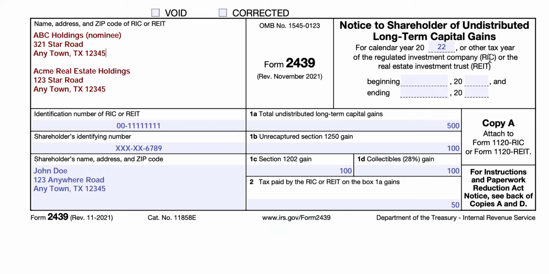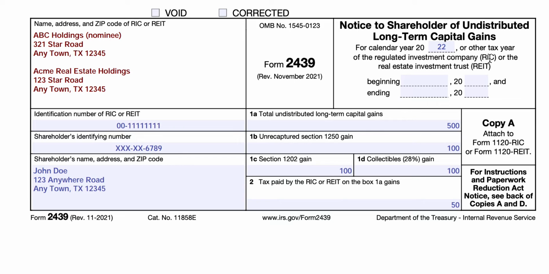If they're acting as a custodian described in Section 851F, as a unit investment trust, they have 70 days, and if the nominee is a resident of a foreign country, they have 150 days.